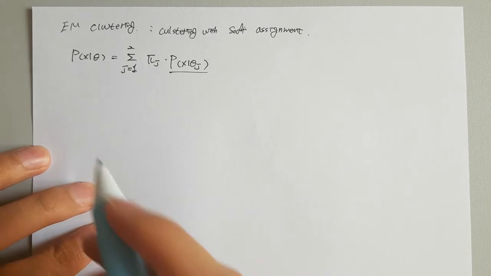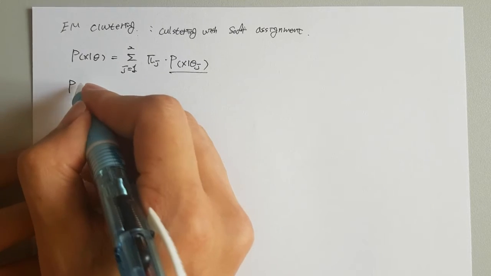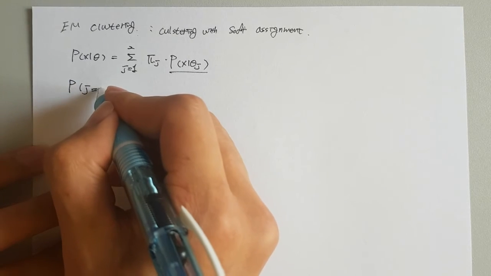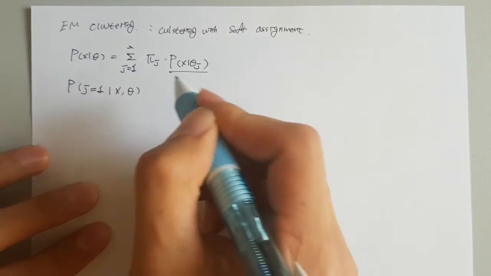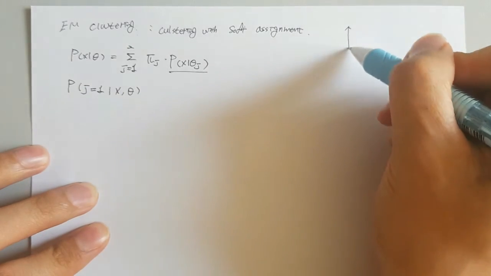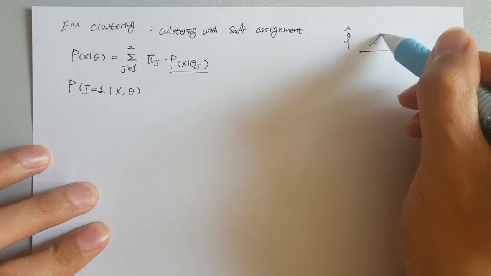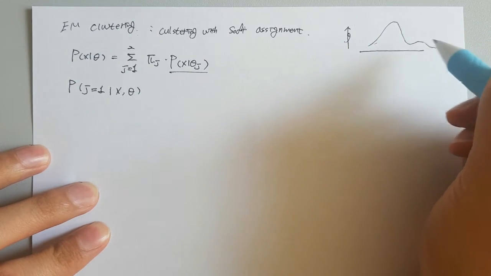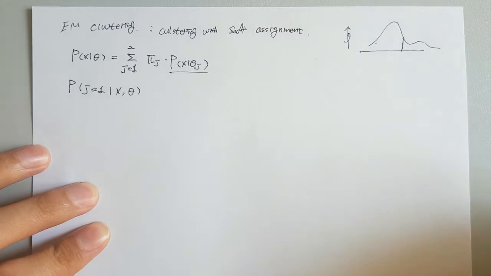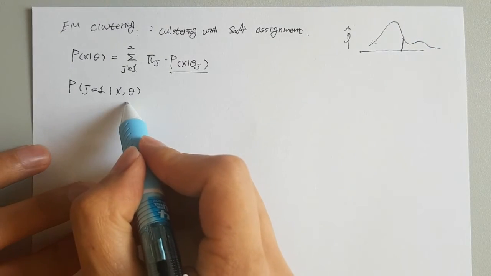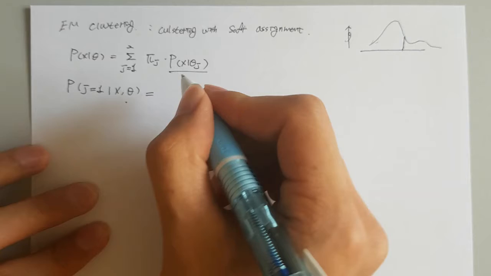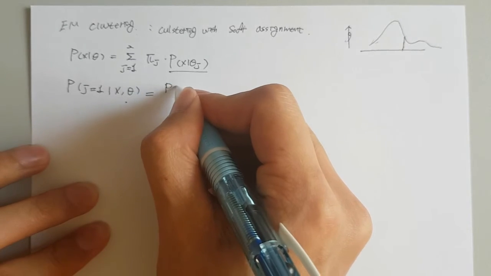So let's say I want to know the probability at the data point X, like if there is combined data like this, and I'd like to know at these points how much probability distribution 1 has. So it represents that. So it can be expanded like this.